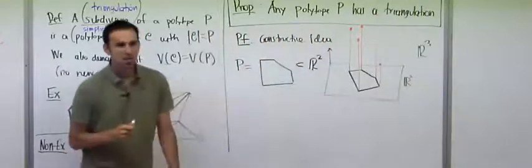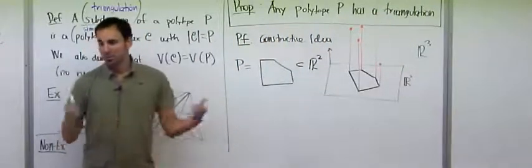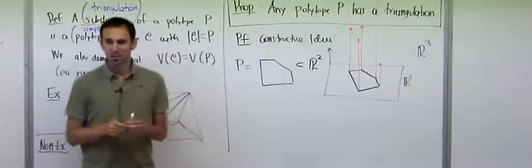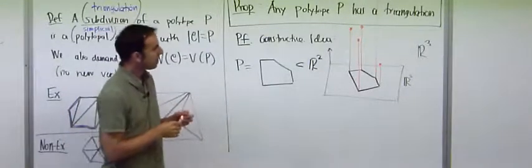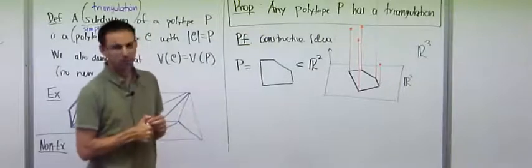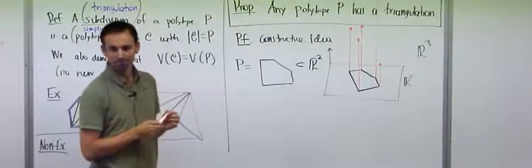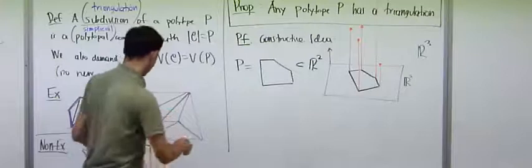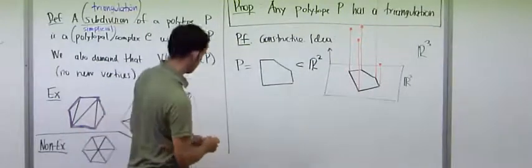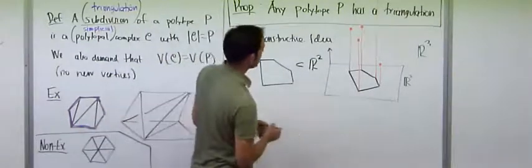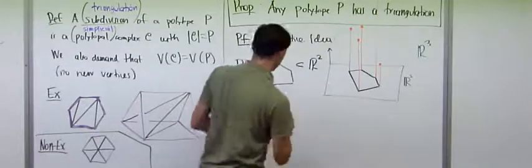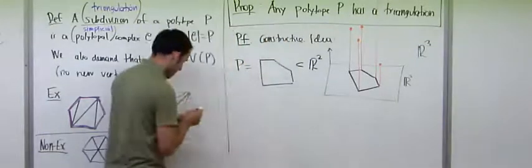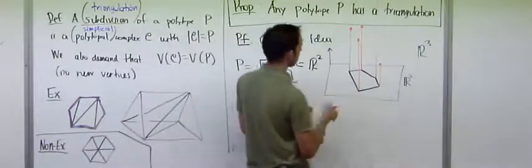Okay? That's what I'm going to do: take each one of these points and send it up. And then I'm going to look at the polytope that is spanned by those vertices. Let me try to draw that one for you. You see why this is so hard, because I need things not to line up so that this picture makes sense.